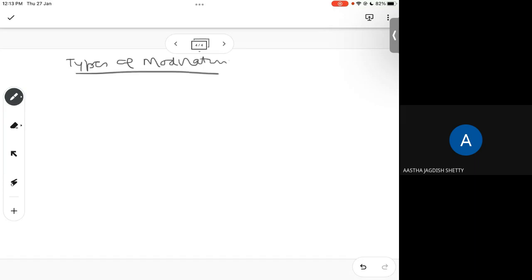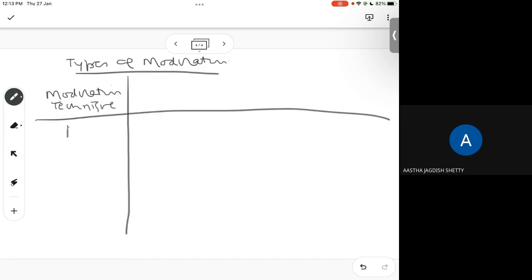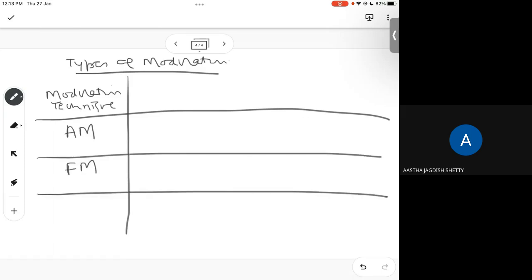It depends upon the modulation technique. That means I could have AM, I could have FM, or I could have, oh, sorry, I will erase this.